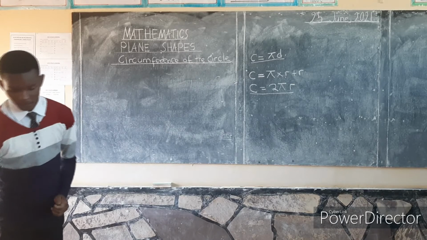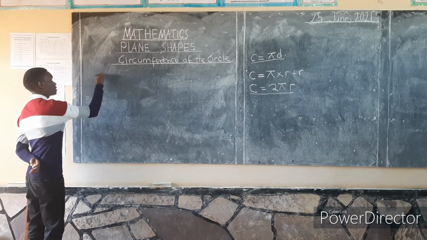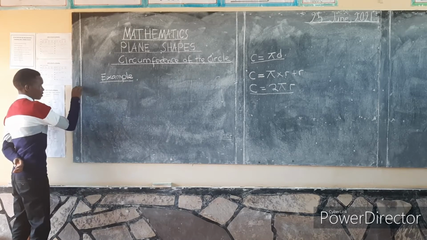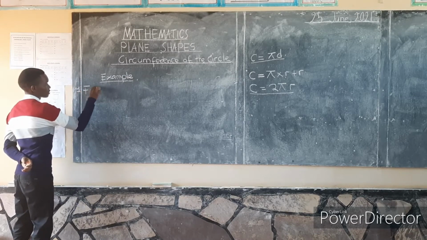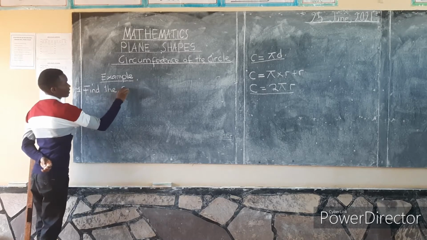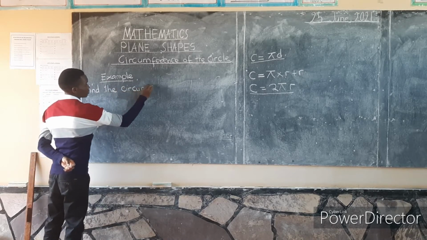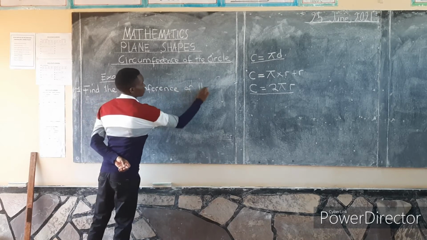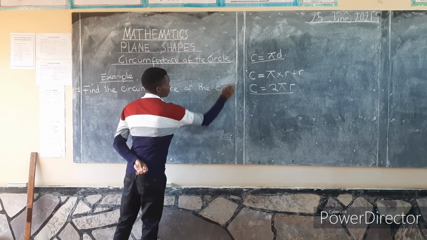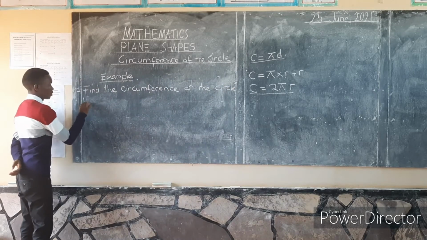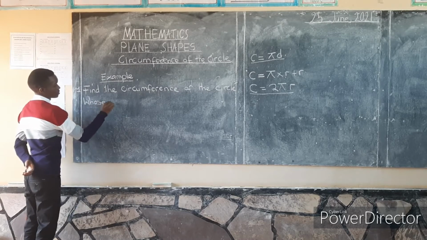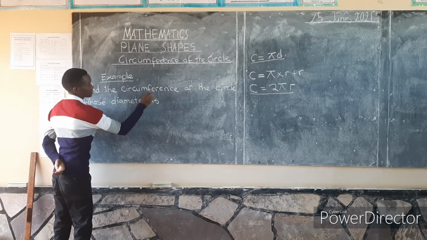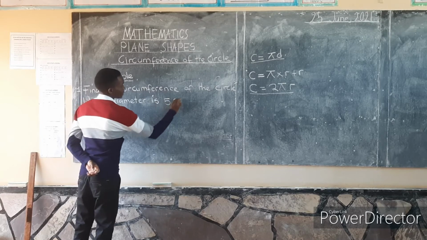Okay, so the first example, example 1: Find the circumference of the circle whose diameter is 5 centimeters.